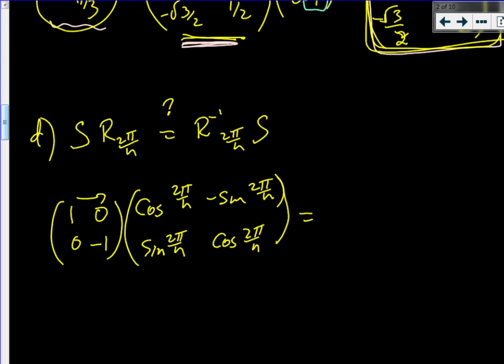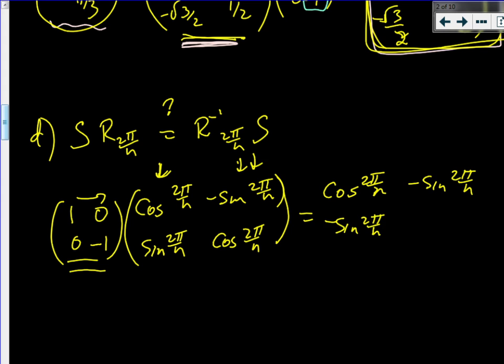Well, the first row times the first column is just the cosine of 2 pi over n. The first row times the second column is negative the sine of 2 pi over n. The second row by the first column is negative the sine of 2 pi over n, and the second row by the second column is negative the cosine of 2 pi over n.